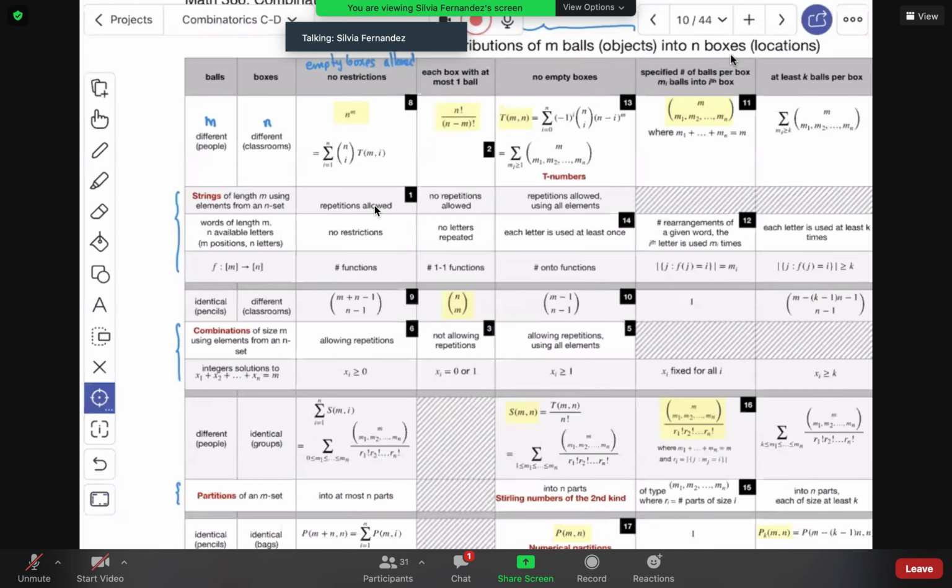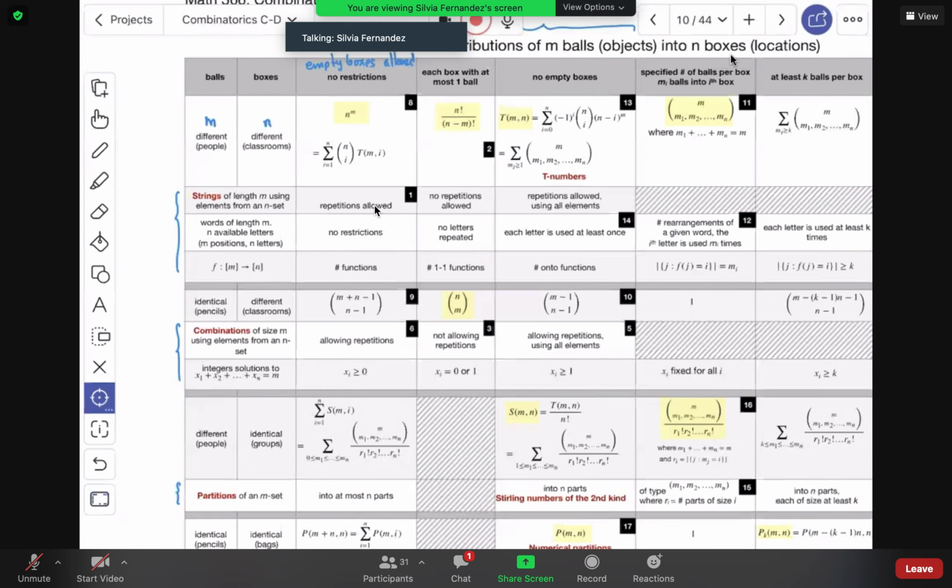But these multinomials were kind of all the possibilities: m1 balls going into the first box, m2 balls going into the second box, and so on. So these multinomials were like all the pieces that will give you the T number together, right?